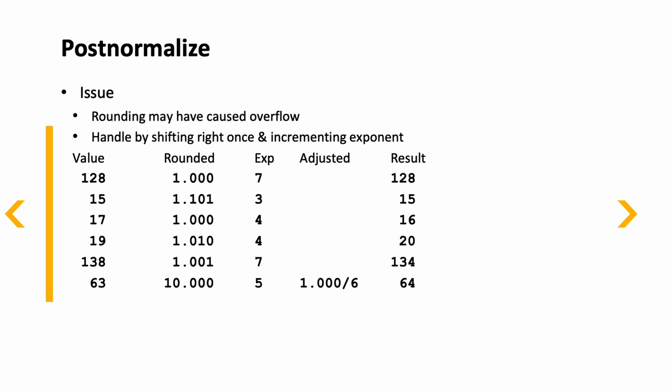And notice that these results are a little bit different. We've come as close as we can given the size of our representation, but notice that 128 stays 128, 15 stays 15, but because we had to do some of that rounding, 17 became 16. 19 became 20, 138 became 134, and 63 became 64.